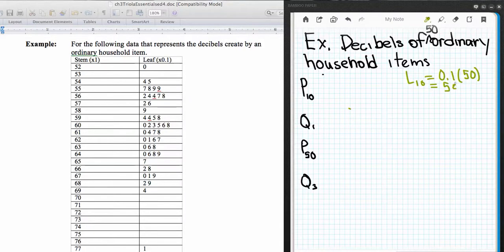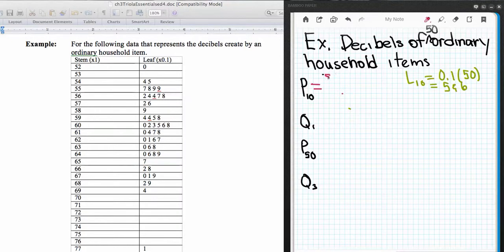Well, when it's a whole number, remember that I have to use the 5th and the 6th positioned data point. So I'm going to go over here and say, okay, 5th and 6th. So that's 1, 2, 3, 4, and 5. So there's my 5th one, and there's my 6th one. So these represent times 1, so this is 55, and then this is times a 10th, so this is 0.8 and 0.9, so 55.8, 55.9.